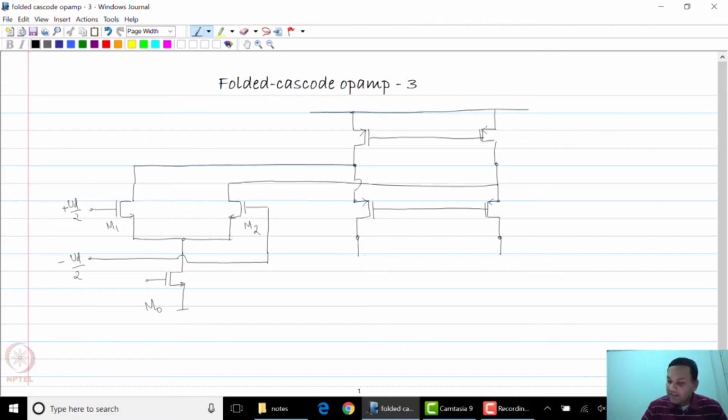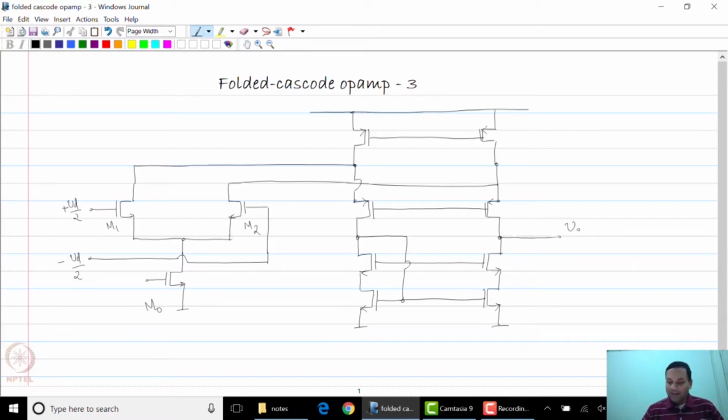In this particular case, this will be an NMOS current mirror structure. And because we want high swing from this particular structure, we will use the high swing cascode for the NMOS current mirror. And the output is correspondingly taken at this node.